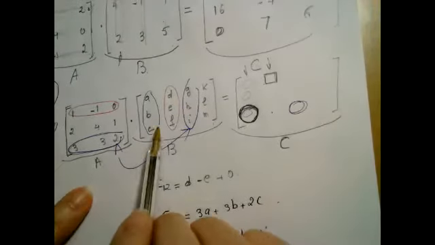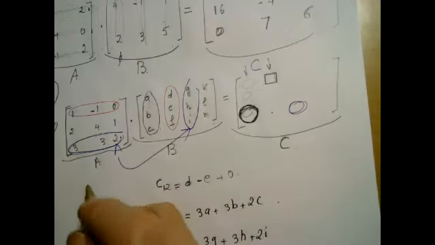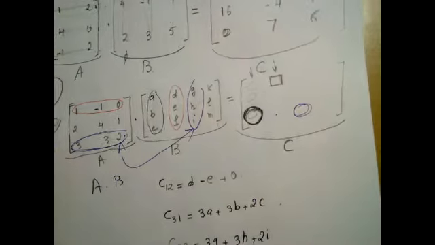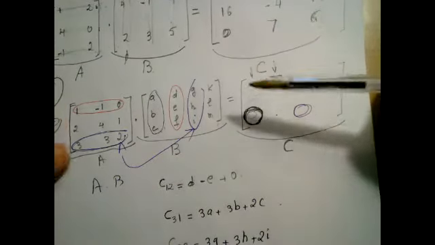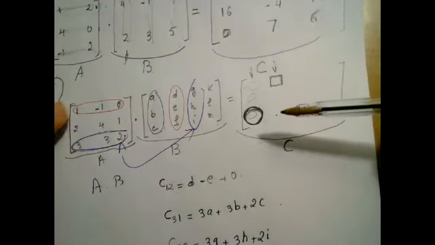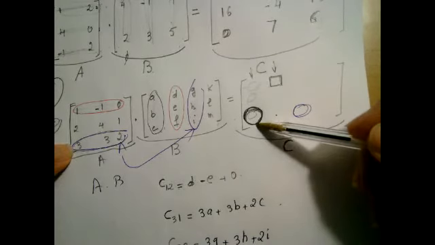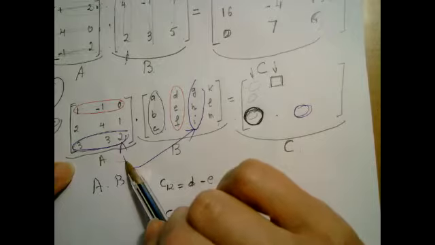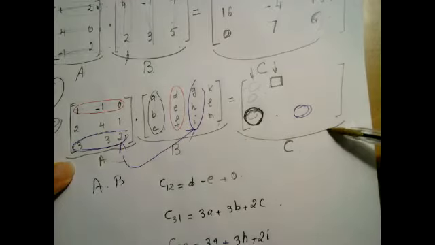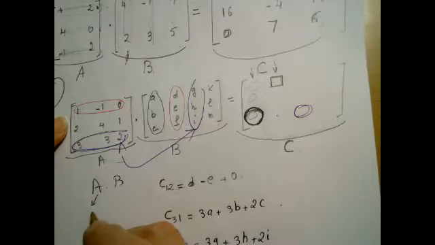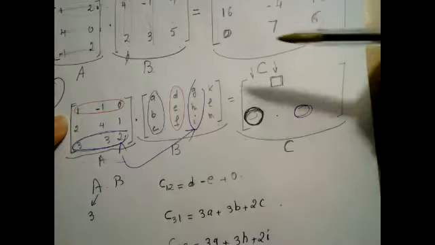A times B, how many rows should it have? Where did the rows come from? They came from the rows of A. If I have 3 rows here, the product is going to have 3 rows. If I have 4 rows here, the product is going to have 4 rows. So the number of rows should be the same as the number of rows in A. But what about the columns?